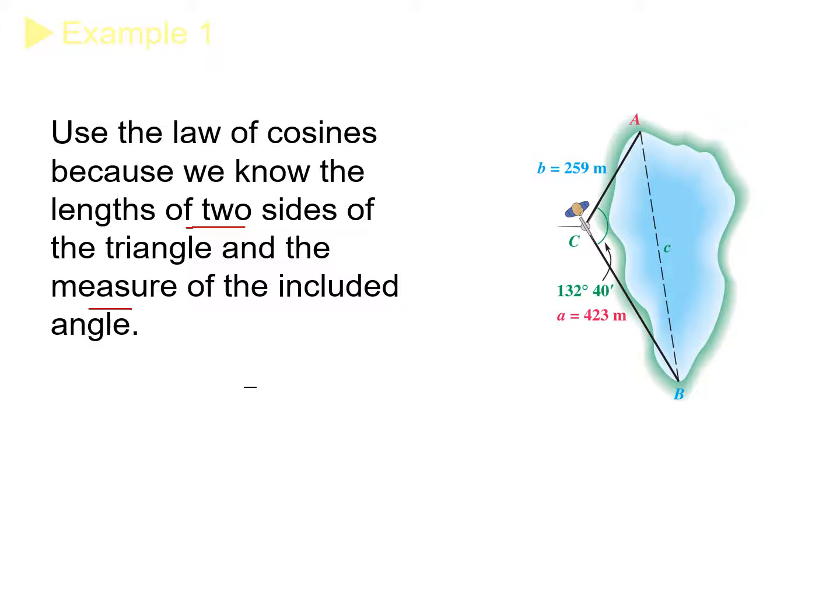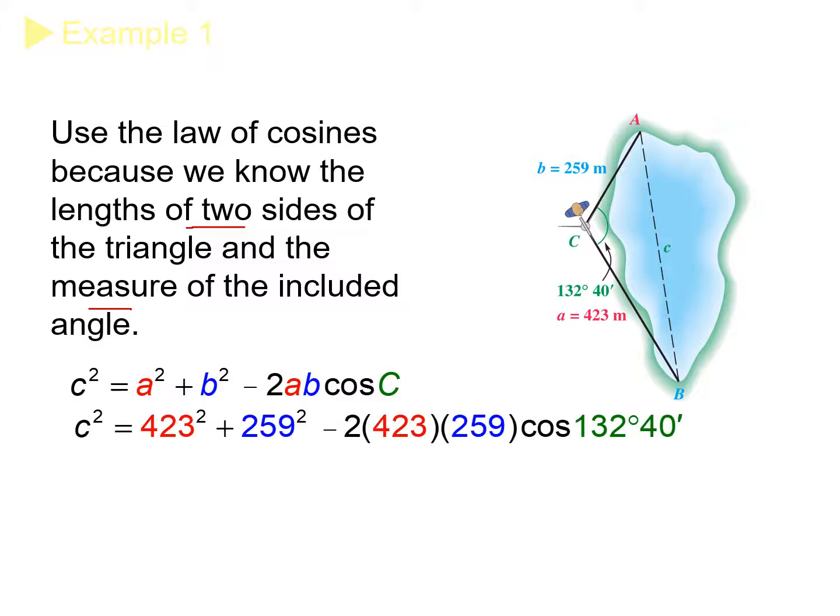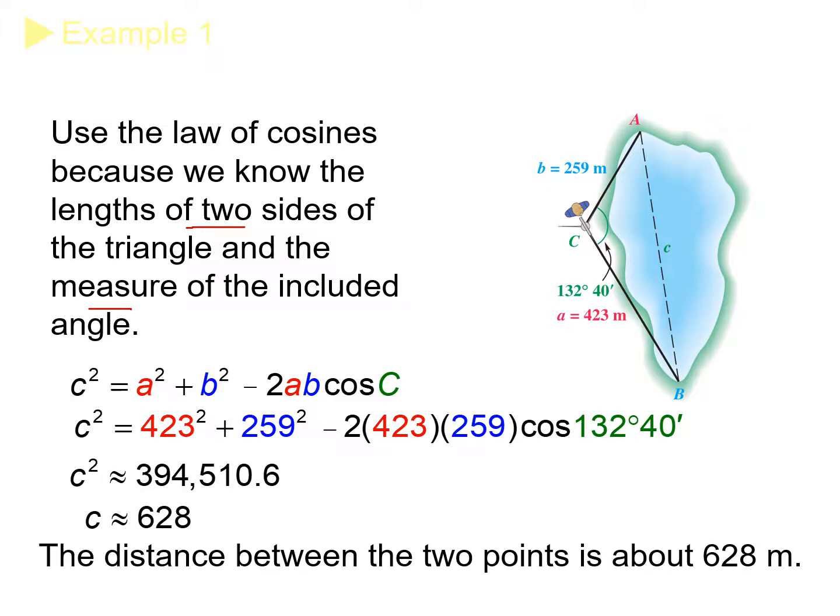So c squared is equal to a squared plus b squared minus 2ab cosine C, and substituting in our values, we get c squared is about 394,510.6, or c is about 628. So the distance between the two points is about 628 meters.